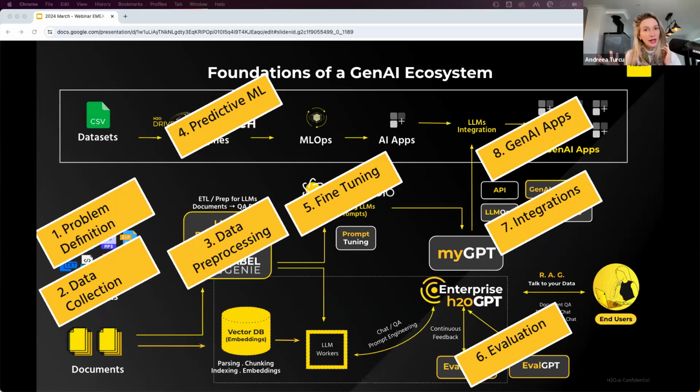Next up, you have the data collection. And so data collection is just gathering relevant data from various sources, such as databases, APIs, files that you might have in the company or that other third parties might be able to share with you. And so collecting the data is an important point because that's the amount of information that you'll have available to use in the next steps.